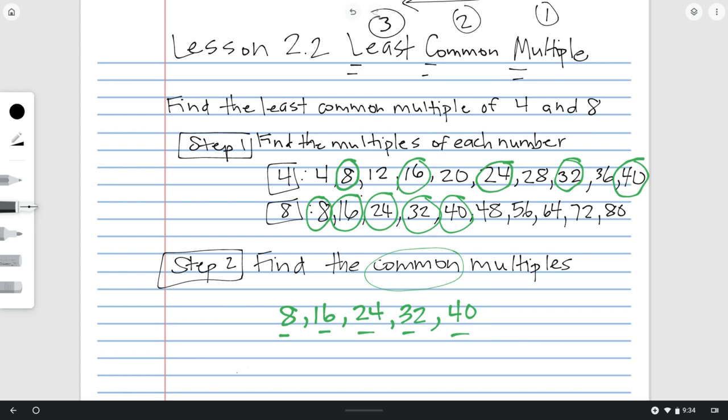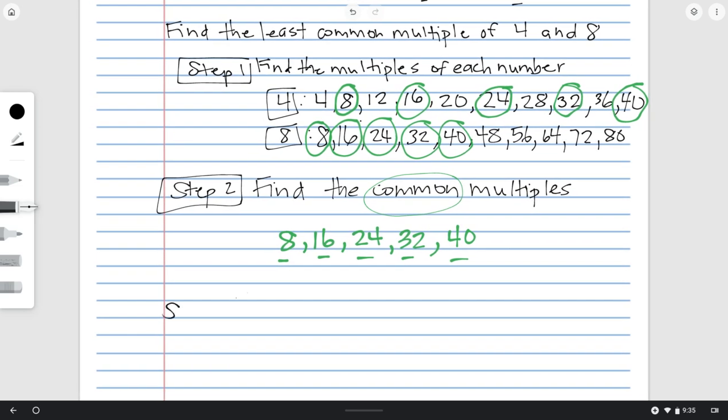I found the multiples of 4, which were 4, 8, 12, 16, 20, 24, 28, 32, 36, and 40. Then I found the multiples of 8. Then I looked in both rows and figured out which ones were common, and our common ones were 8, 16, 24, 32, and 40. We have one last step.